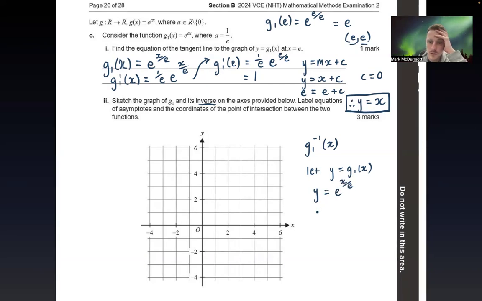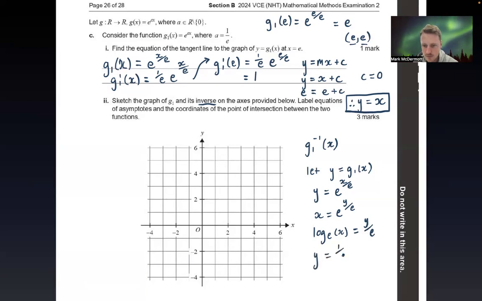All right, swap x and y, so x equals e to the y on e. So log base e of x equals y on e. So y equals 1 on e log e of x.